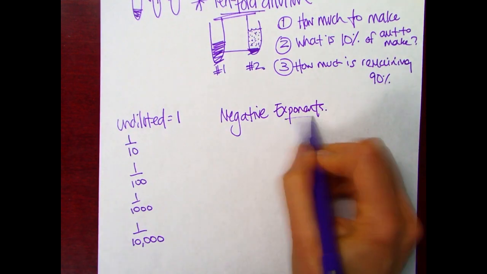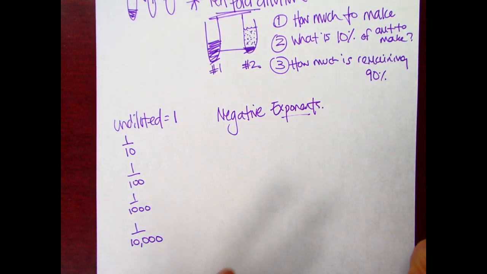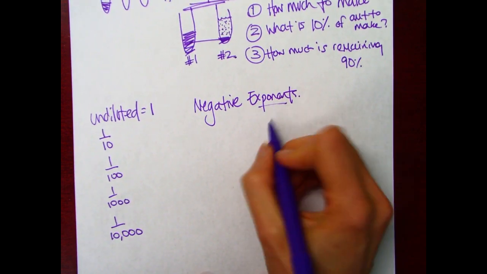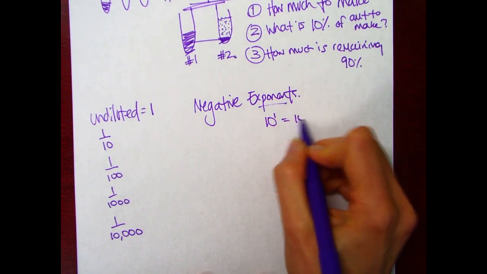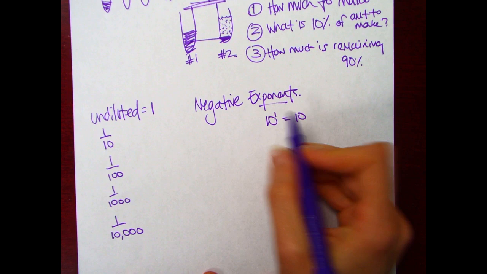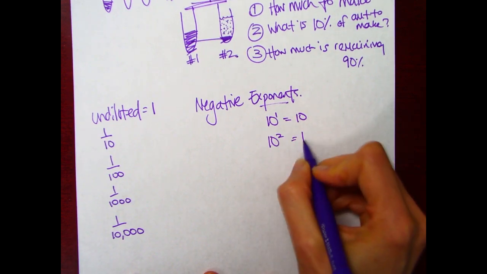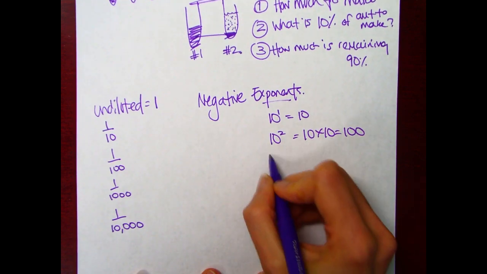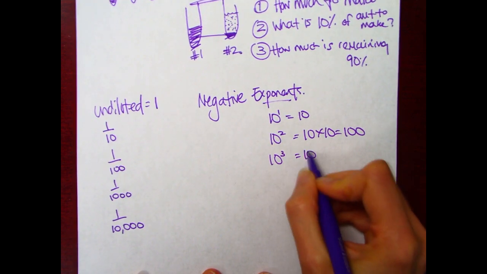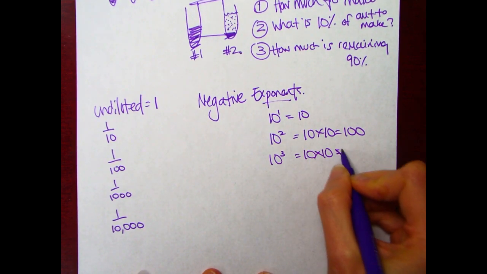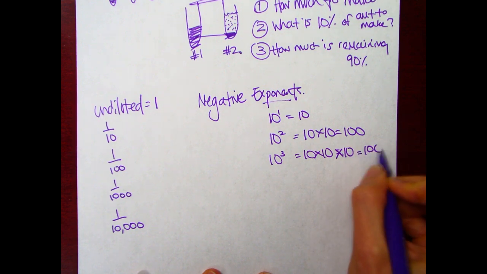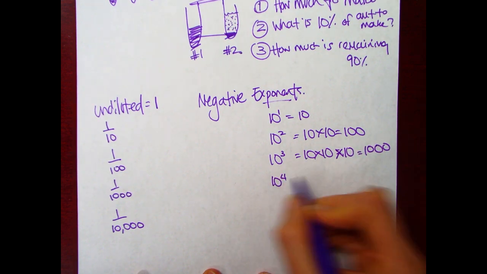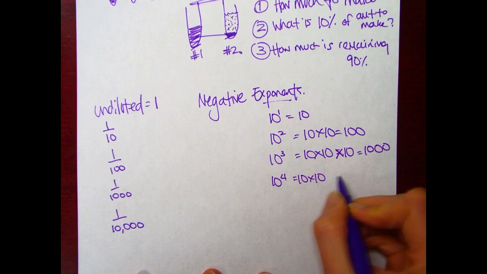The exponent tells us how many times we are going to multiply the number by itself. So 10 to the power of 1 is just one number 10. 10 to the power of 2 is 2 tens multiplied together. That's 100. 10 to the power of 3 is 3 tens multiplied together. That's 1,000. 10 to the power of 4 is 4 tens multiplied together.